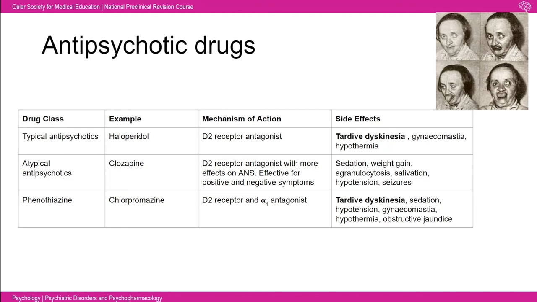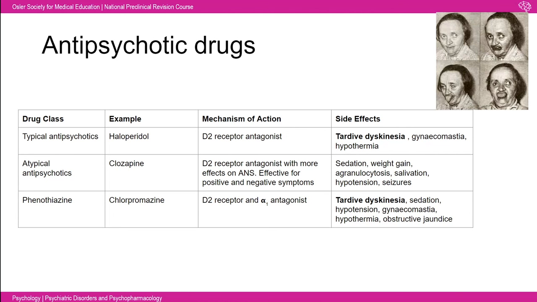Tardive dyskinesia is one of those things that comes on gradually. Initially, they're probably not going to get it, but the longer they're on the antipsychotic, the more likely they are to get it. It's an uncontrolled movement of the face, kind of resembling what you might see in Huntington's or something like that. Then atypical antipsychotics like clozapine are also D2 receptor antagonists with more of an autonomic nervous system effect.